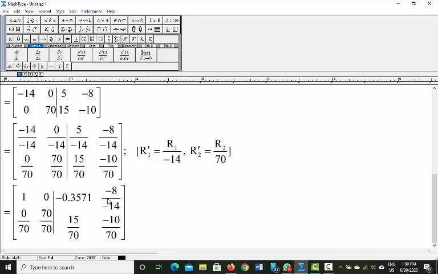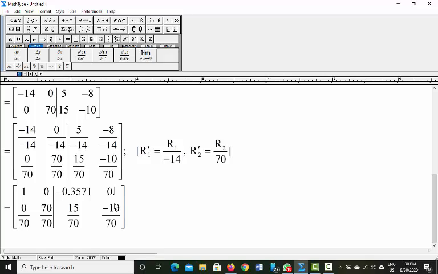Here, minus and minus will cancel each other out, so we get 8 divided by 14, which is 0.5714.